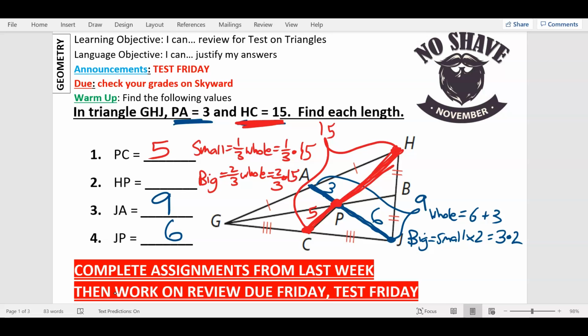You can either do 2/3 times 15, or if you remember from the first thing we did, you double the small one, you get the big one, right? So what do I end up getting here? 2/3 of 15, or doubling 5, either way. We should get 10. Okay?